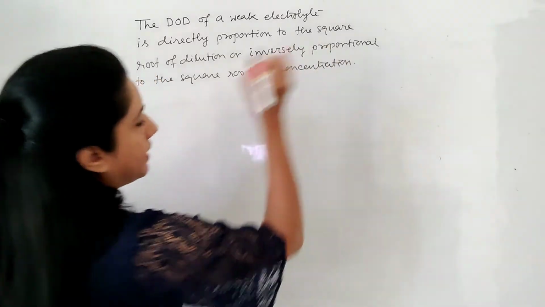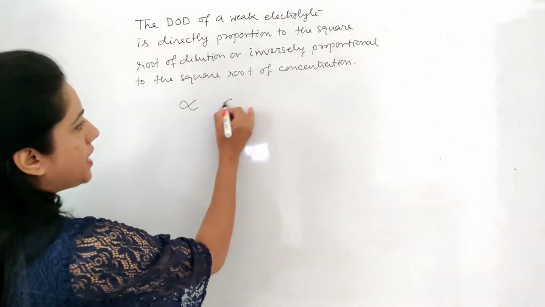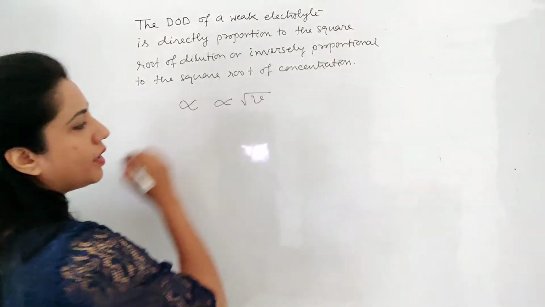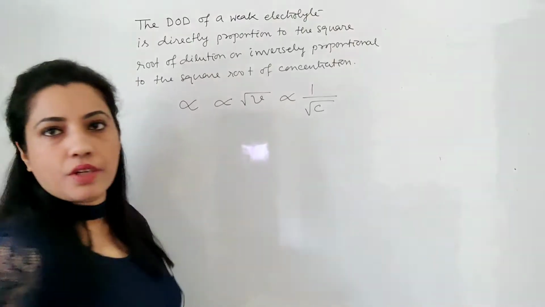Now what do you mean by this? Alpha, that is degree of dissociation, is directly proportional to square root of dilution, or it is inversely proportional to the square root of concentration.